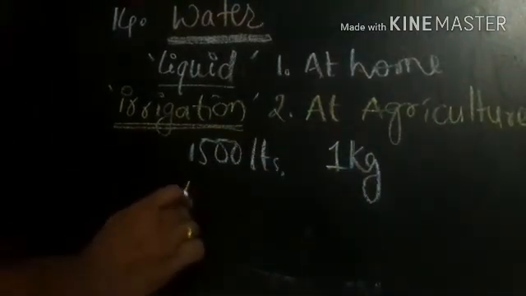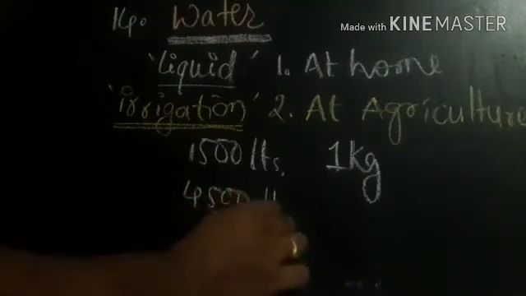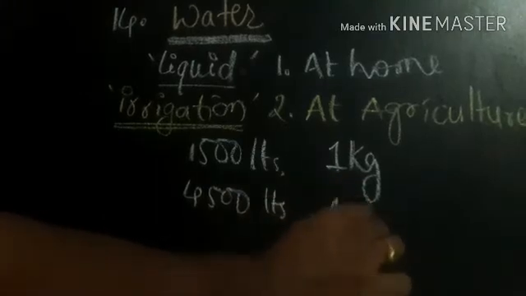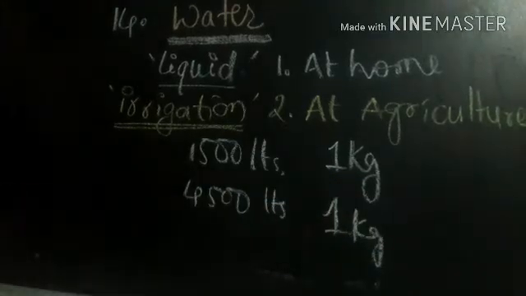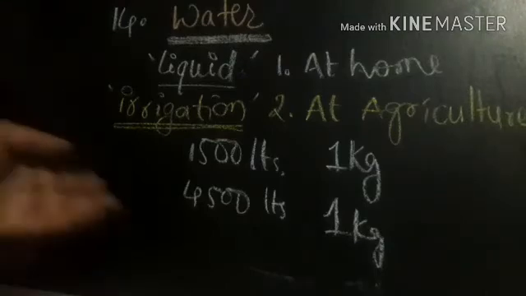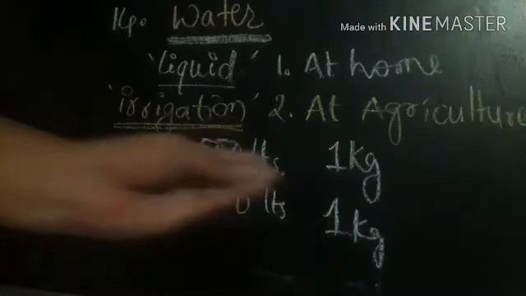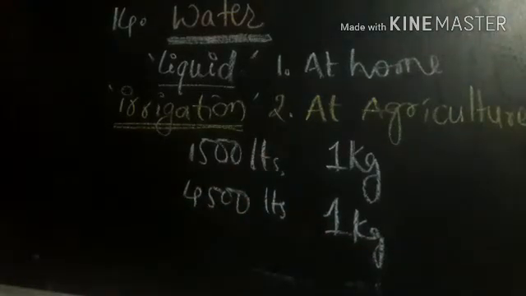Whereas a wheat plant requires 4500 liters of water to produce 1 kg of wheat. Just imagine how much water is required to cultivate quintals of wheat and rice, right? So it is a very important resource used in the agricultural field.